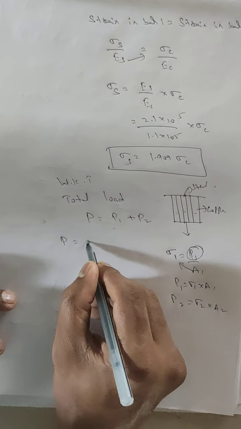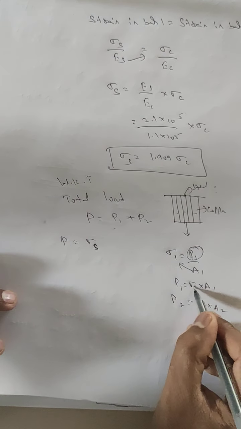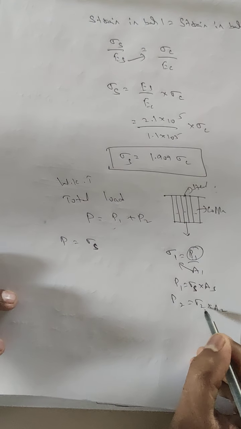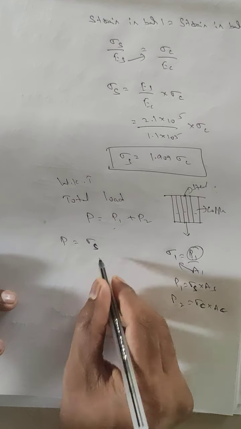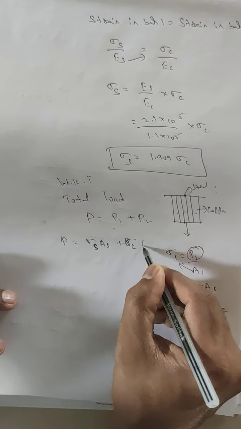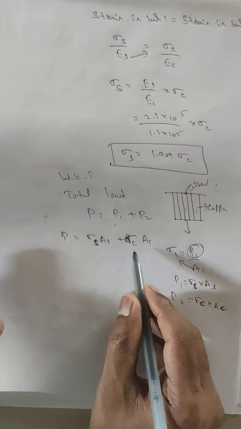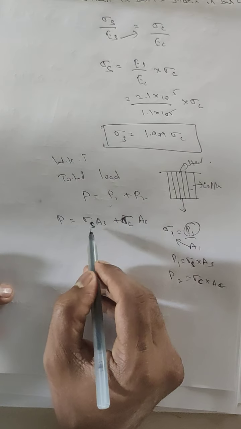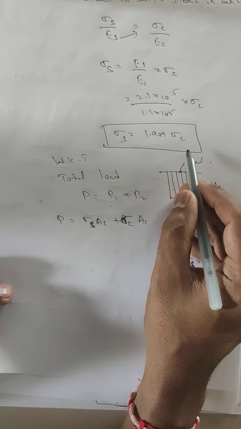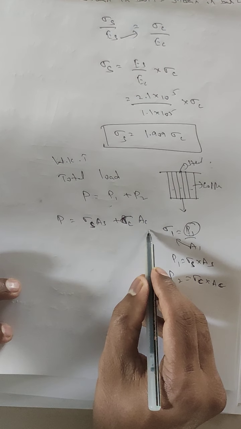So we'll write sigma 1 or sigma S, steel and copper: sigma S AS plus sigma C AC. Got it? Now from here you already know sigma S in terms of sigma C, and you know the area of steel and the area of copper.